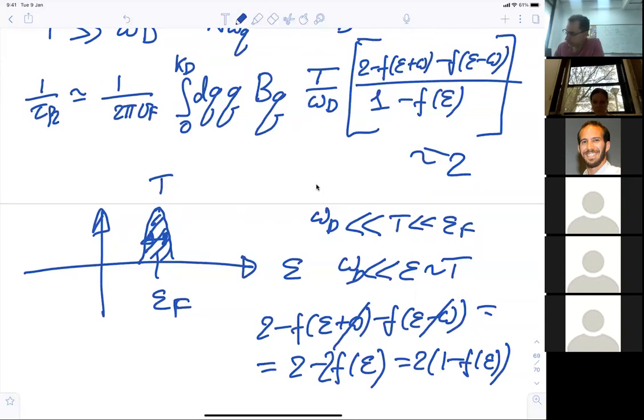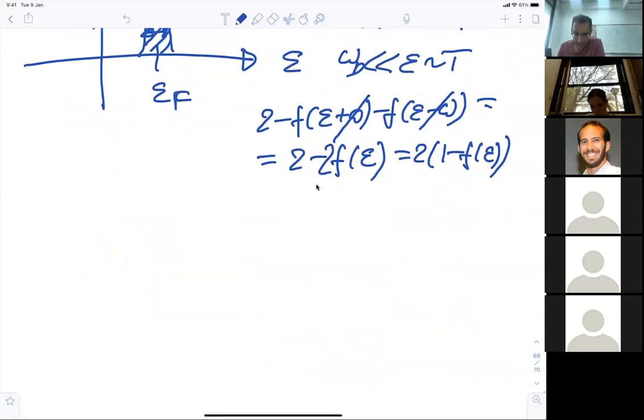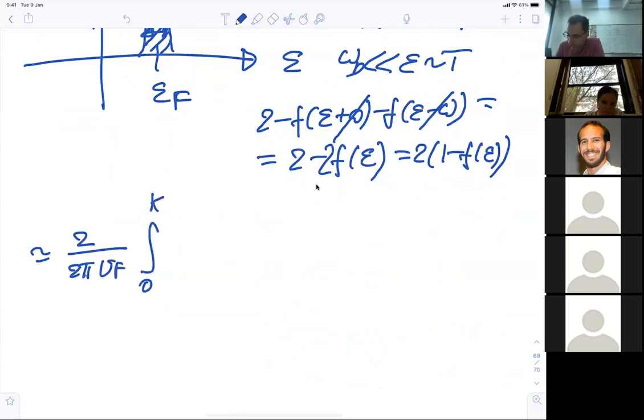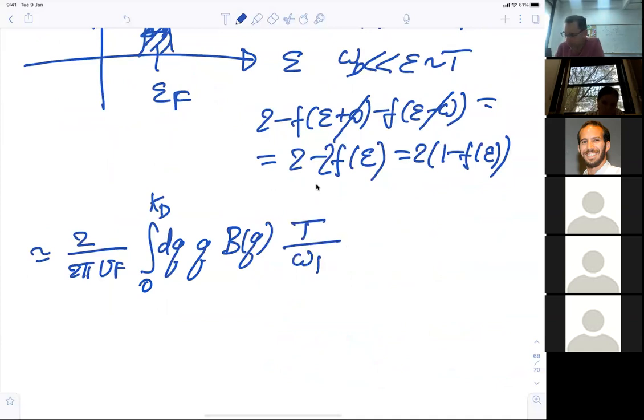Therefore I continue and I'm getting that this is 2 divided by 2 pi v Fermi, integral from 0 to k Debye dq times q times b of q times temperature over omega Debye.